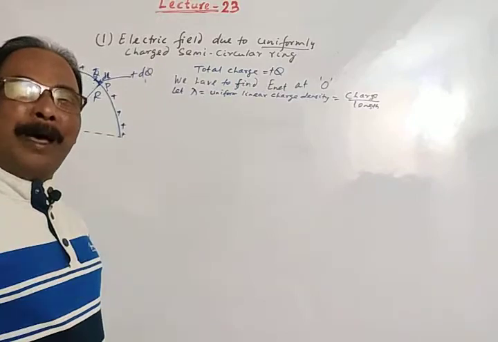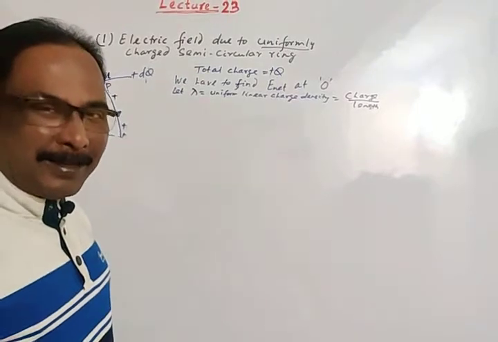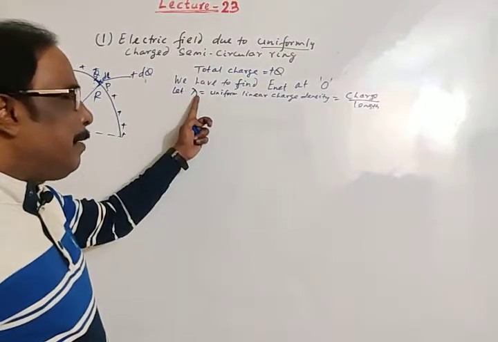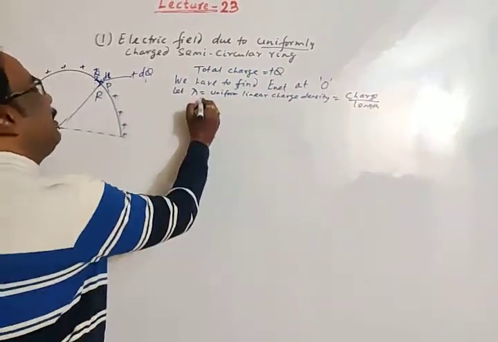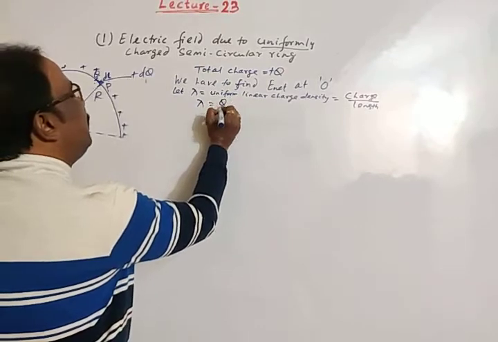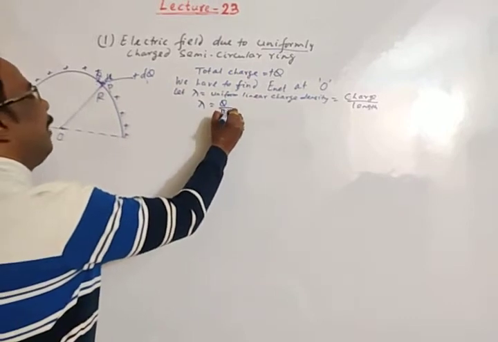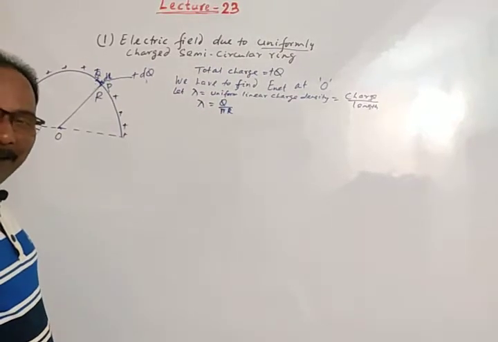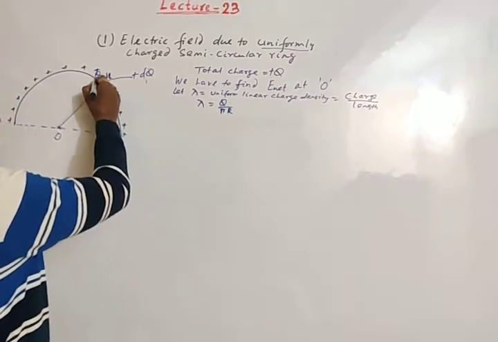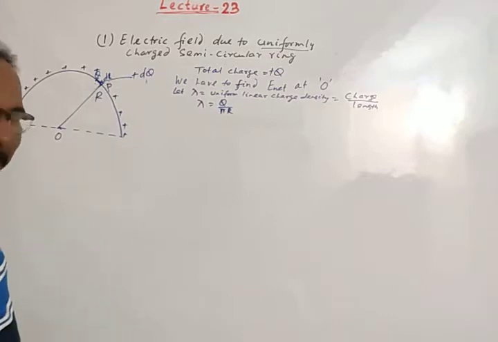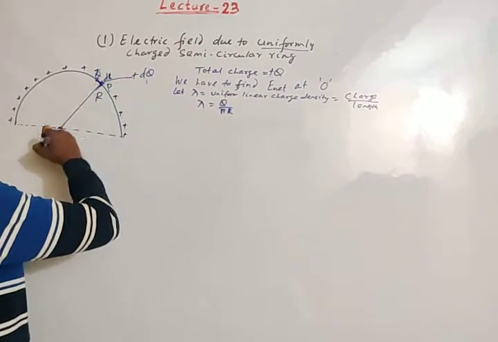Uniform linear charge density is charge per unit length. Then lambda is equal to total charge Q divided by total length of this semicircular ring, which is pi R if radius is R. Then dl is the elemental length due to which we are finding electric field at the center of the ring.